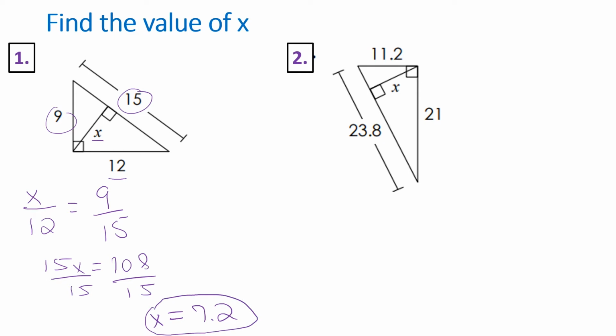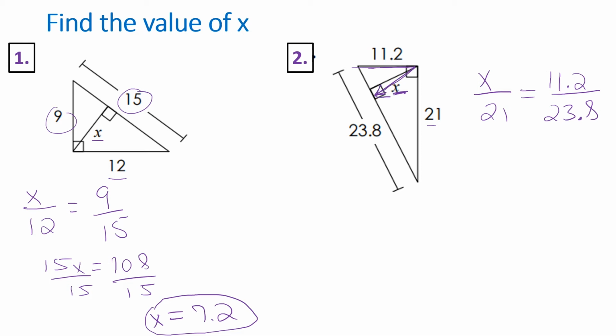All right, so let's try the second one here. My smaller triangle, or the triangle on the inside here, my altitude is x, hypotenuse is 21, larger triangle, altitude is 11.2. Remember, it is not the hypotenuse, it is just that perpendicular line that is drawn from a vertex to the hypotenuse. And the hypotenuse of this larger triangle is 23.8. And again, we know that because it is opposite that right angle here.